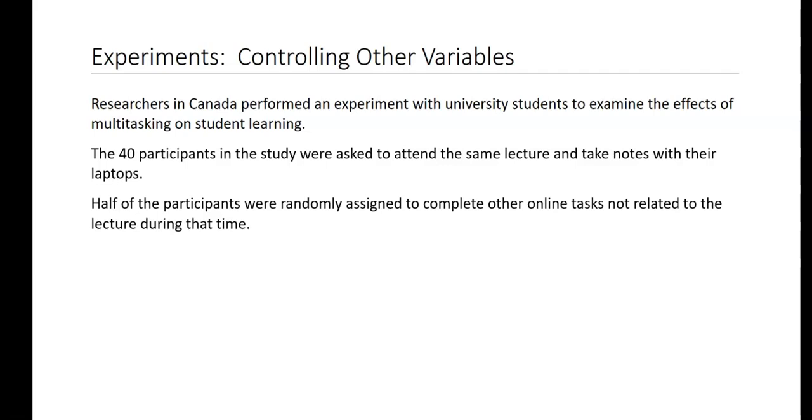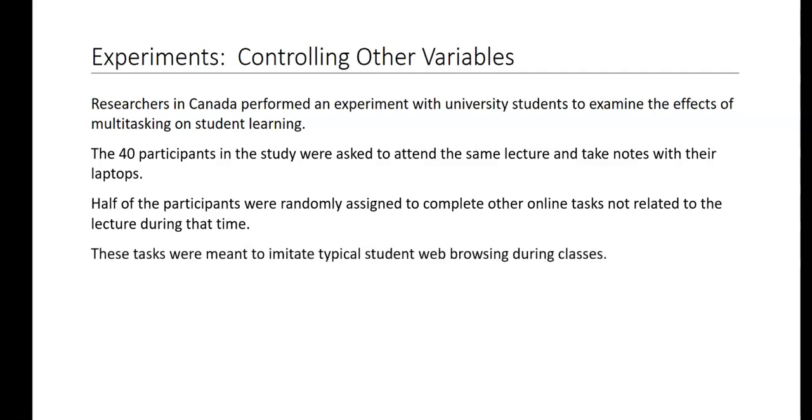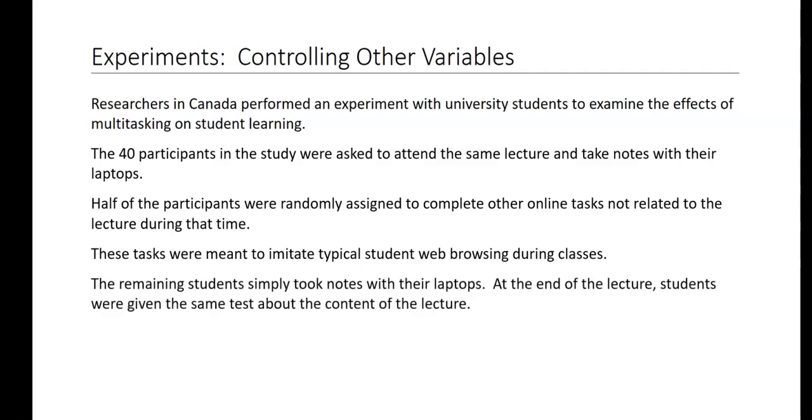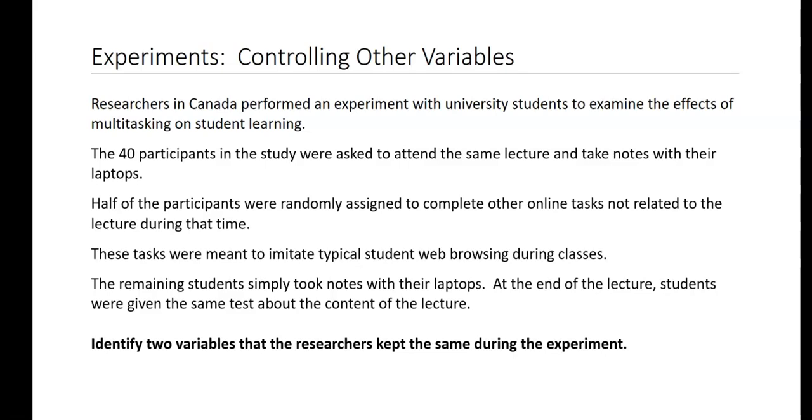So they're in class, and they're supposed to do stuff other than just learning the lecture. These tasks were meant to imitate typical student web browsing during class, okay? The remaining students took notes on their laptops. At the end of the lecture, students were given the same test about the content of the lecture.